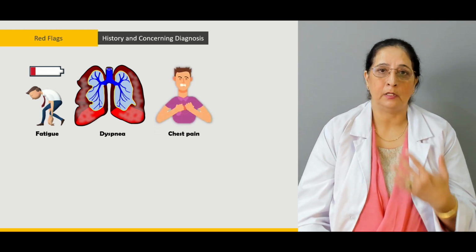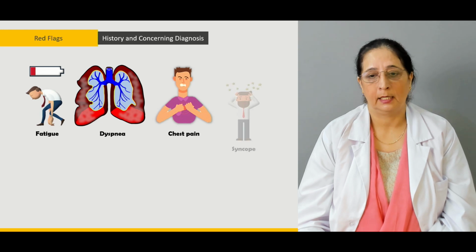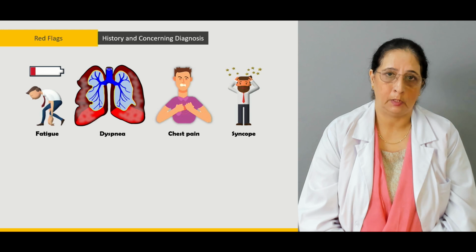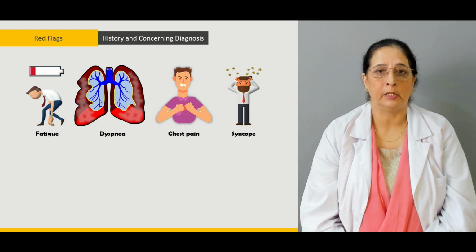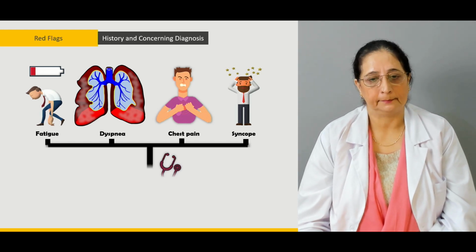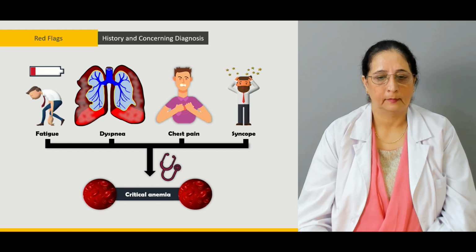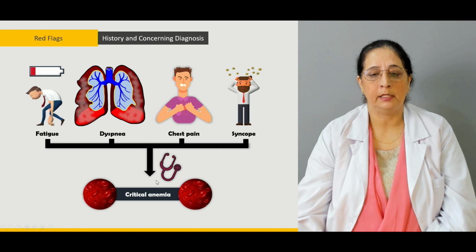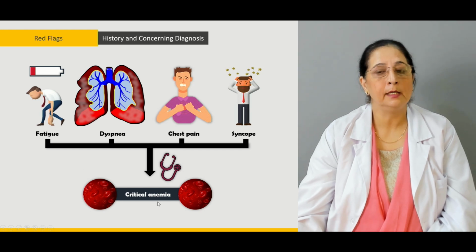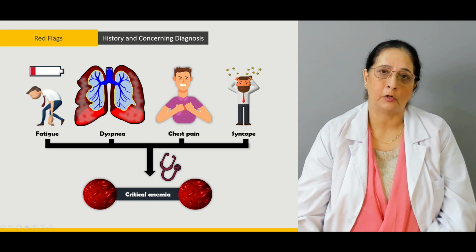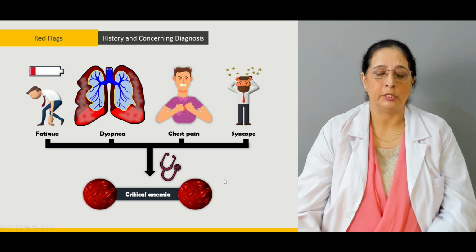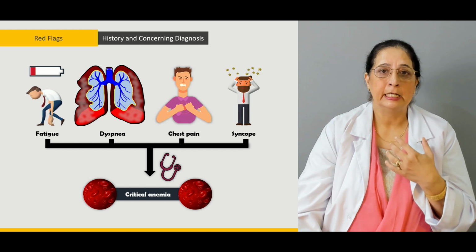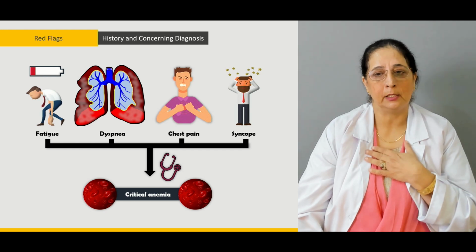Chest pain is also present. Then sometimes syncope is also associated with acute bleeding. As I mentioned, all these features are the result of anemia that occurs as a result of acute bleeding. So anemia can present with shortness of breath, fatigue, chest pain, and syncope.